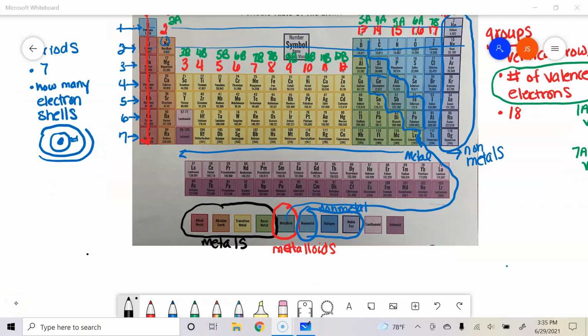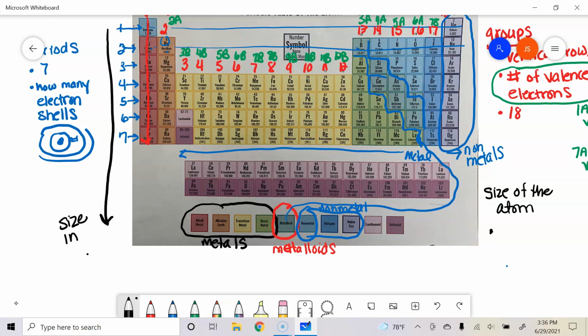There's one other important trend, or characteristic you can tell about an atom just by looking at the periodic table, and that is the size of the atom. Okay, so the size of an atom as you go down is going to increase. So size increases as you move down the periods.